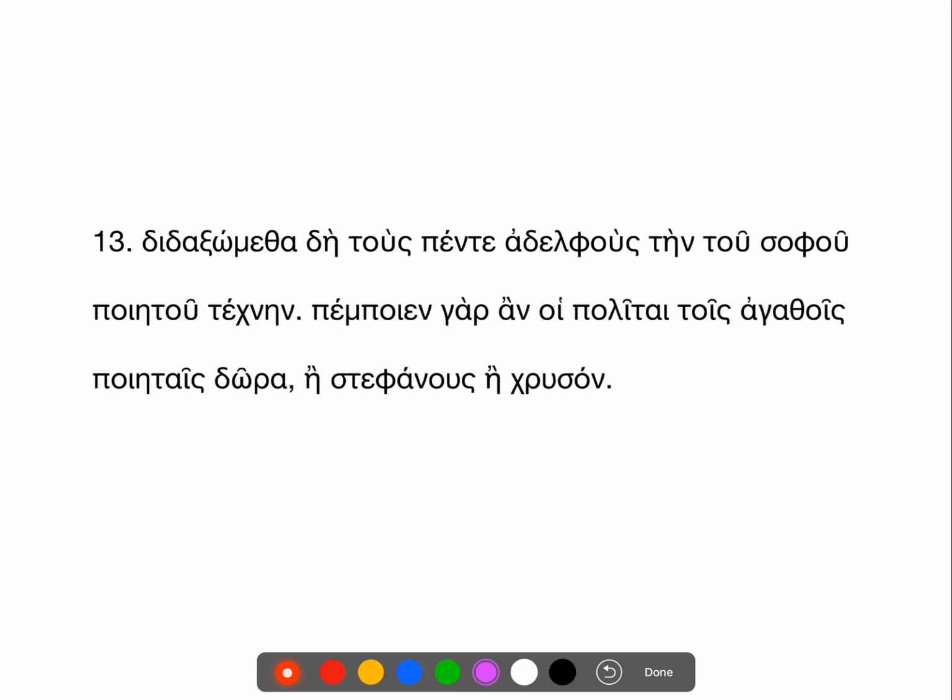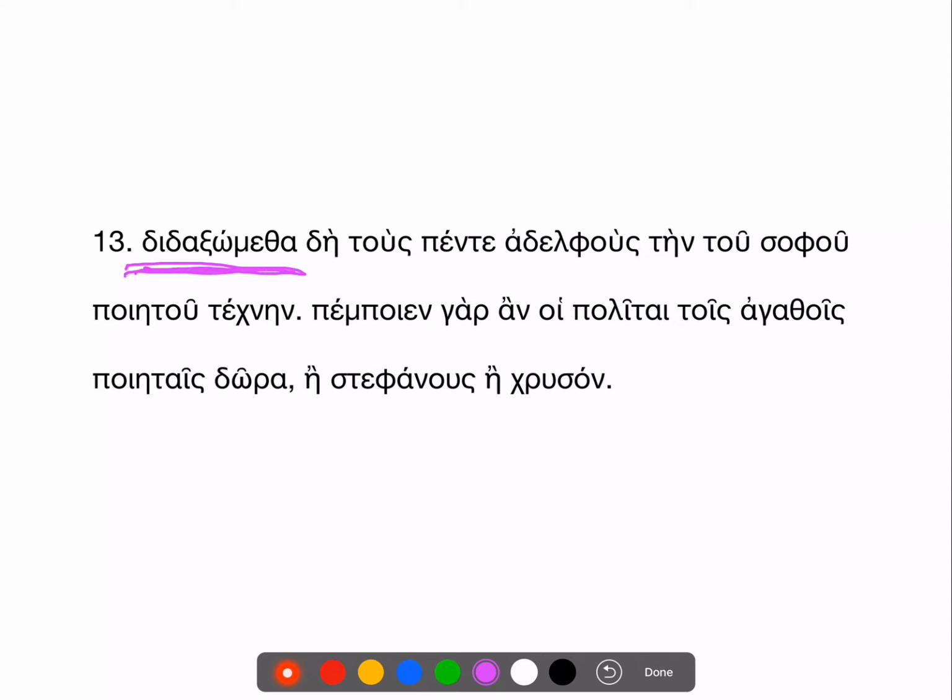All right, 13. Didaxometha tous pente adelphous tein tou sophou poietou technen. All right, so the first sentence, the verb is didaxometha, and I think that's the only verb there. That's aorist subjunctive middle.